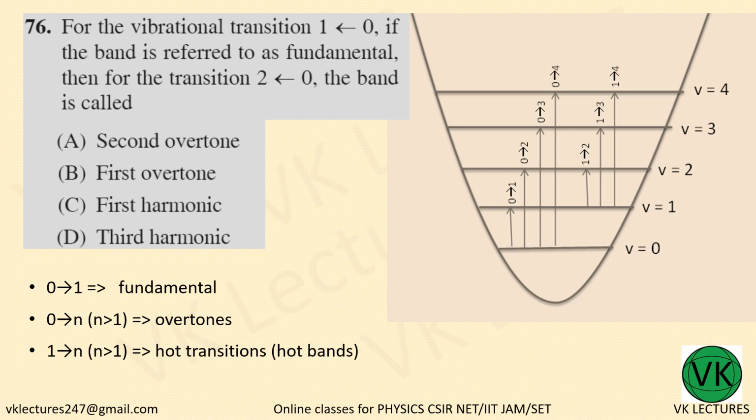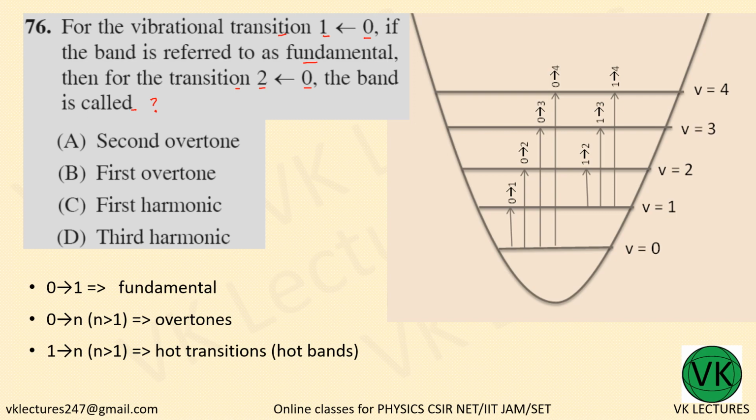Question number 76. For the vibrational transition 1 from 0, if the band is referred to as fundamental, then the transition to 2 from 0, the band is called what?